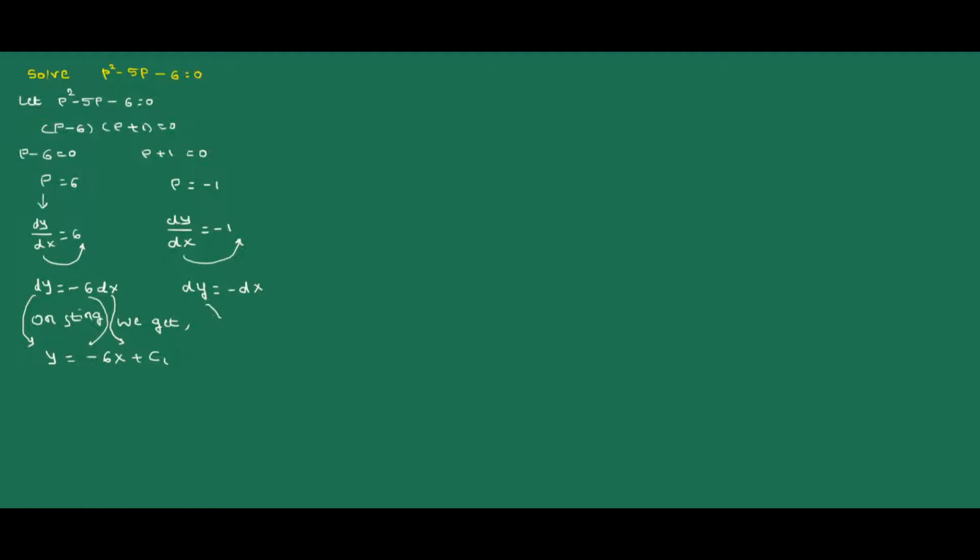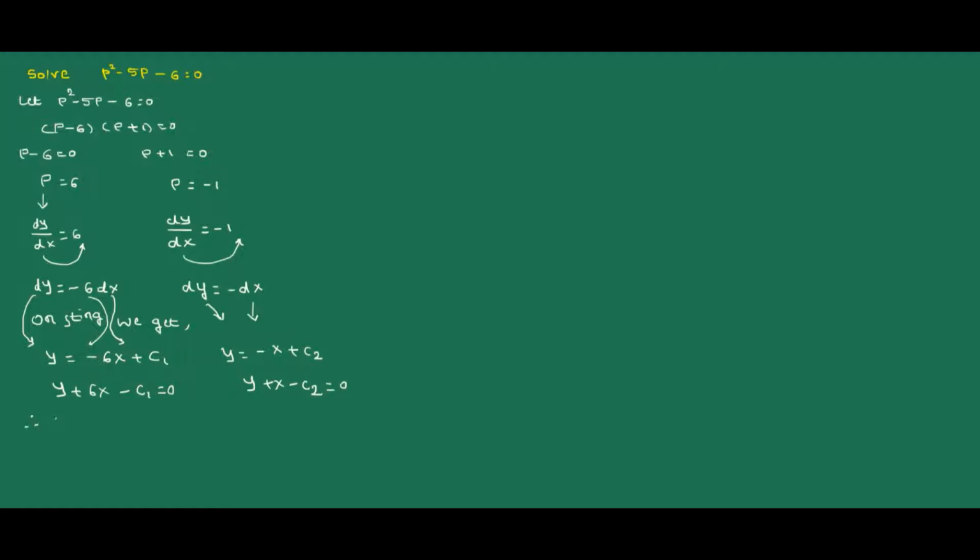And similarly, the integration of dy is y, and the integration of minus dx is minus x, plus the integrating constant c2. Or you can write y minus 6x minus c1 is equal to 0, and here y plus x minus c2 is equal to 0.